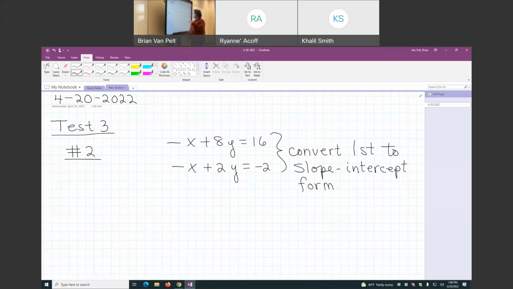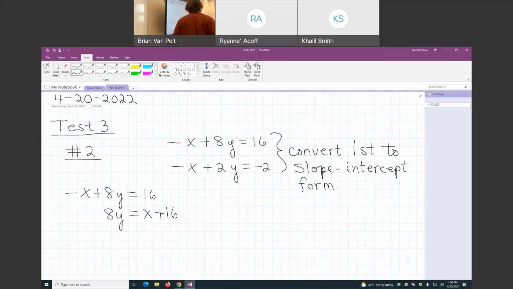So let's start with the first one. Tell me how you would convert that to y equals. Basically, it's just solving for y. So I add x to both sides and I'll get this. Now what will I do?